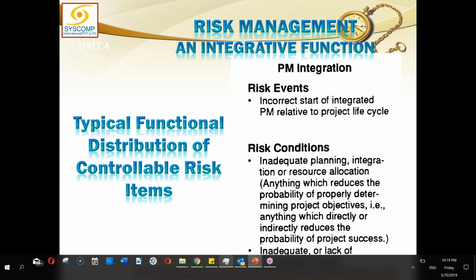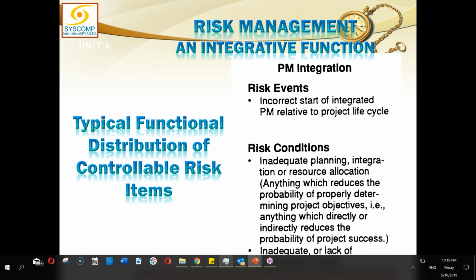Like incorrect start of integrated project management relative to the project lifecycle. So things related to the project lifecycle, choice of the alternatives, like at the time of the scope statement, the project lifecycle which is defined is not properly defined, or it is not right.